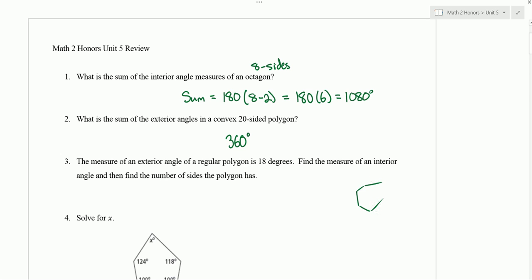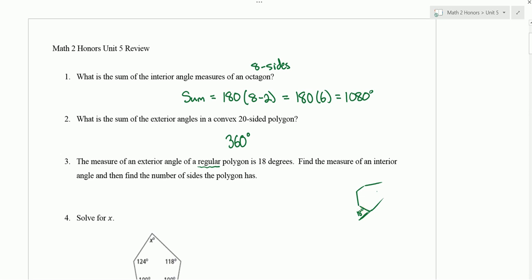Okay, it's a regular polygon. Regular polygon means all the sides are the same length, and all the interior angles are the same angle. And we have an exterior angle of 18 degrees. That also means that all the exterior angles are 18 degrees.